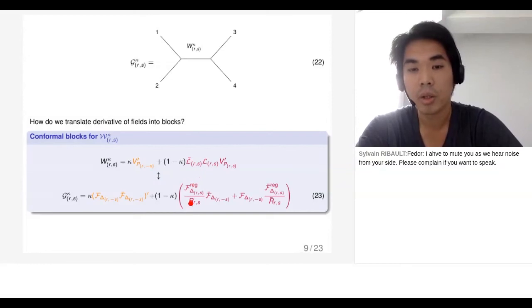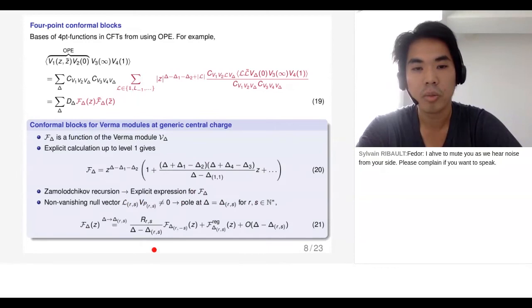And F-reg and R_{r,s} here are defined in this expansion here. So in this expansion, you expand this conformal block F around these degenerate dimensions. And this R_{r,s} here only depends on the central charge. And F-reg here is defined by this expansion. So by its definition, it has no pole at delta equal delta_{r,s}.